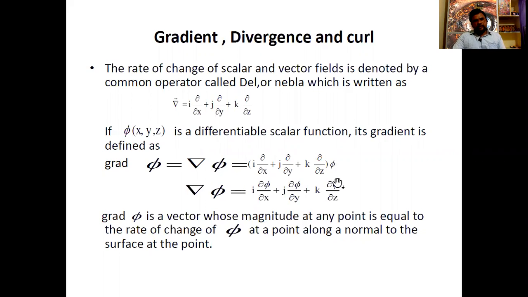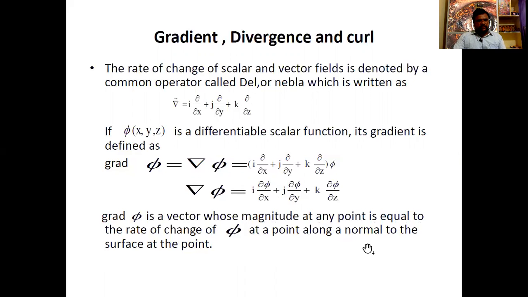If you bring this phi inside, then del phi can be written as i dou phi by dou x plus j dou phi by dou y plus k dou phi by dou z. So here grad phi is a vector whose magnitude at any point is equal to the rate of change of phi at that point along the normal to the surface.